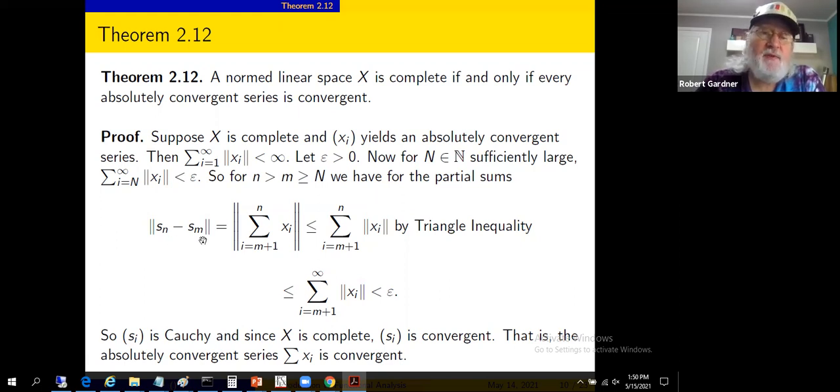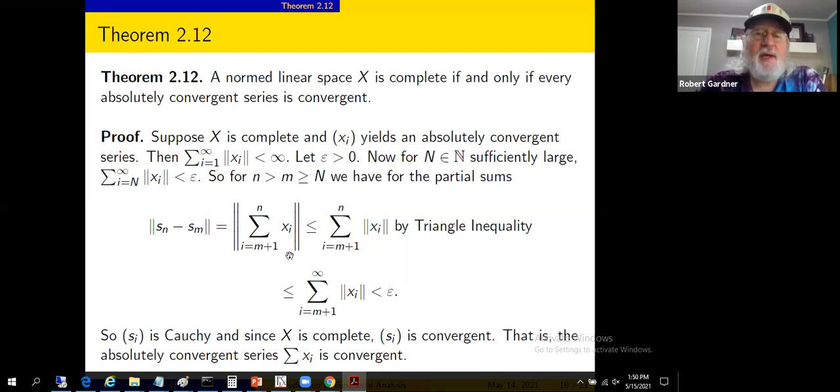So when we take a difference of those, we lose the first m terms when we subtract those away. And we're left with a sum from i equals m plus 1 to n, right? The next term that's not in this partial sum up to the last term here. So we get a sum from i equals m plus 1 to n, x sub i. That's what the difference of two partial sums is.